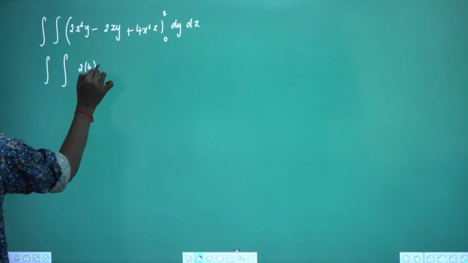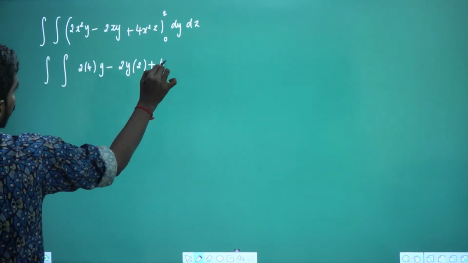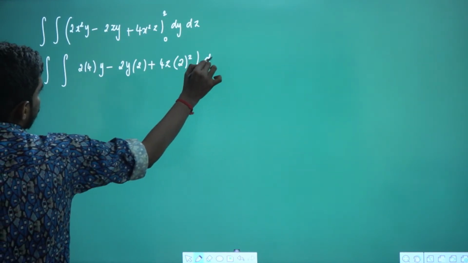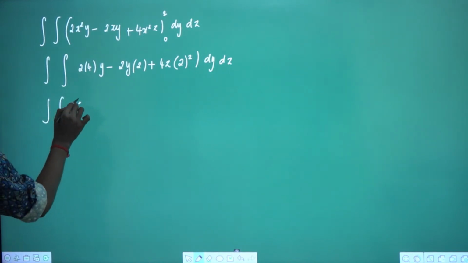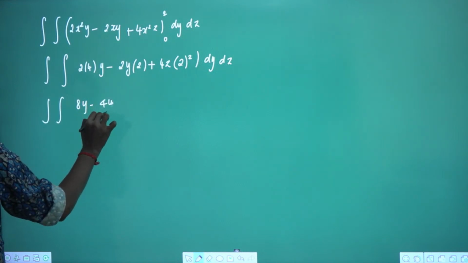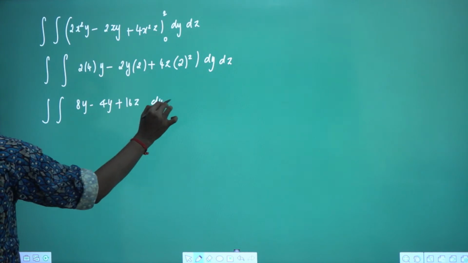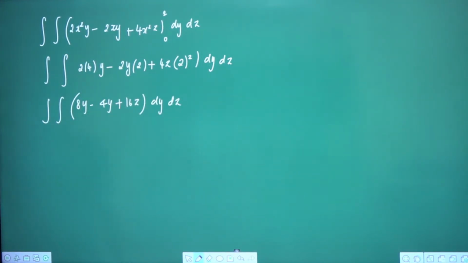So 2 into 4y minus 2y into x plus 4z into x square, with x as 2 square, dy dz. This will be 8y minus 4y plus 2 square 16z, dy dz, right? 4y minus 8y.